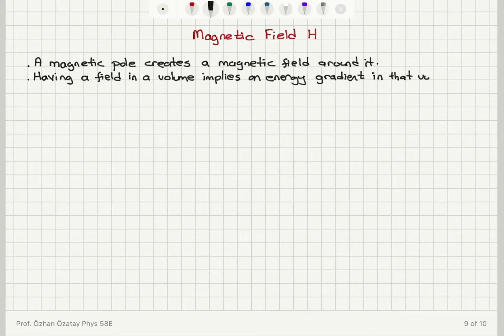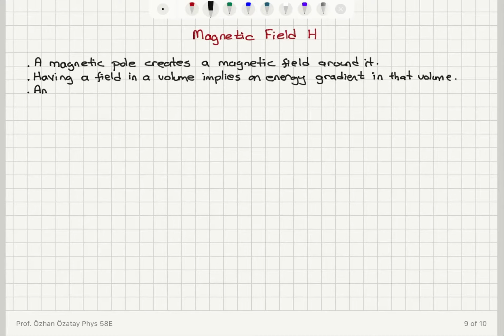And if you have an energy gradient, that means when we bring another pole next to the first pole that creates the magnetic field, the incoming pole will feel a force.